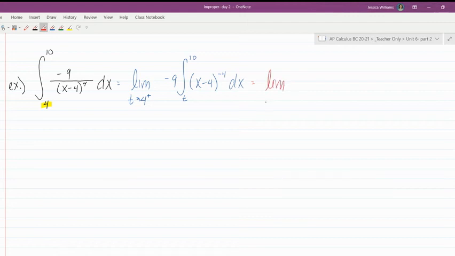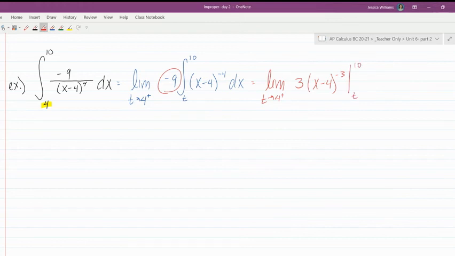Okay, you always have to write limit because it's the last thing you do, so you're still writing limit. If I add 1, divide by the new here, then I've got x minus 4 to the negative 3 divided by negative 3, remembering that there's a negative 9, makes it 3. And then we're going to plug in from t to 10.